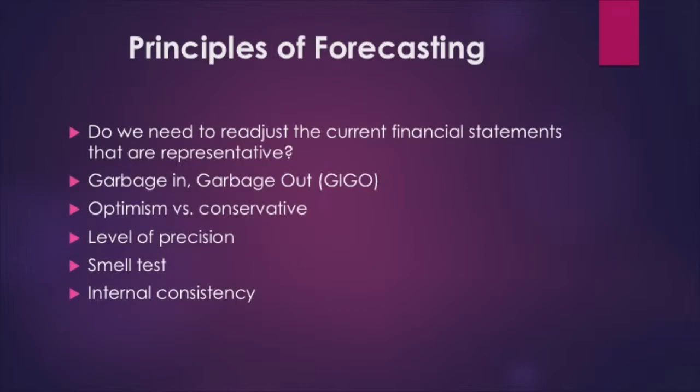Second is the data that you're going to use to justify these projections. Are you going to increase or decrease the percentage of sales, increase or decrease wages, increase or decrease assets or liabilities on your balance sheets? The data that you provide to make these assumptions will have an impact on your outcome.